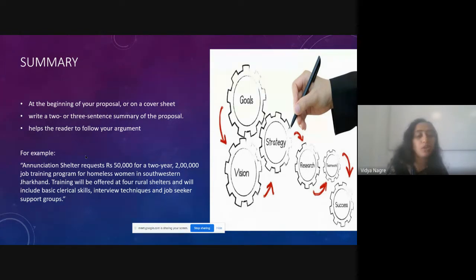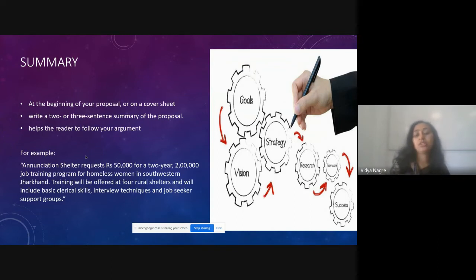So basically, it will be about a project that you are planning to conduct, where you are going to offer a training program to women who are homeless, who are needy, and through that training, these women will be capable of gaining certain employability skills.